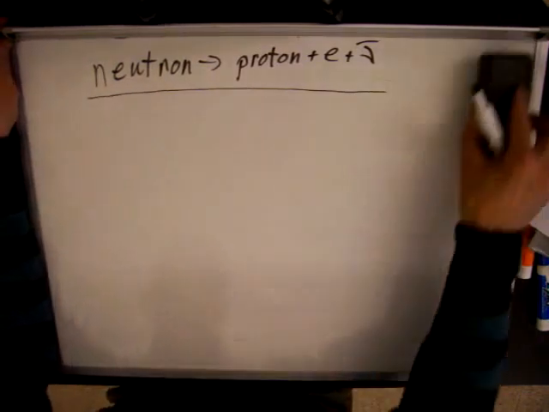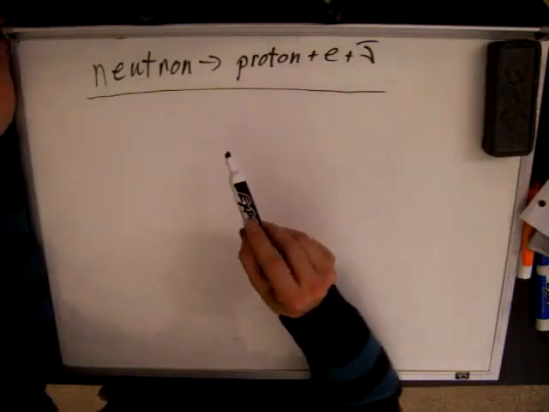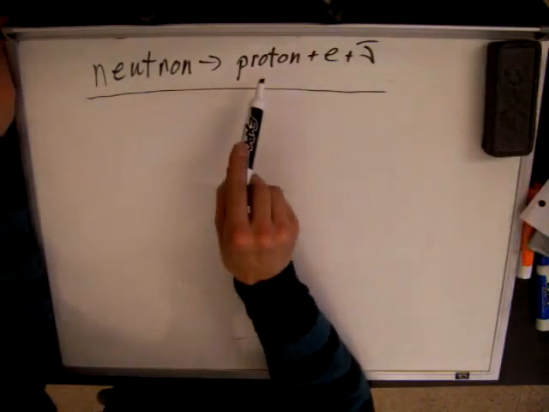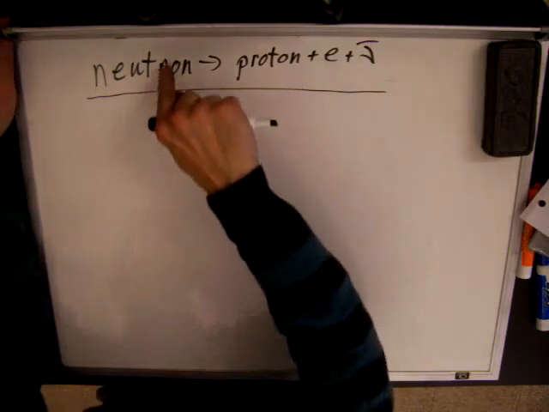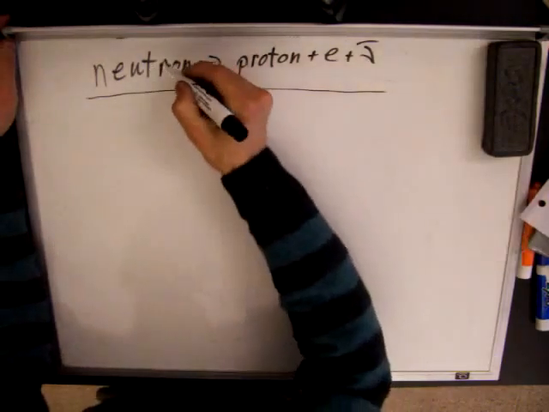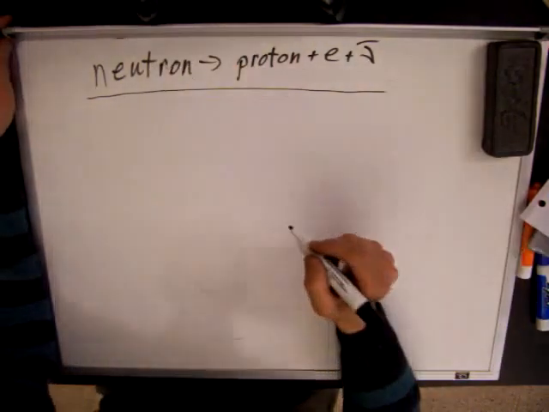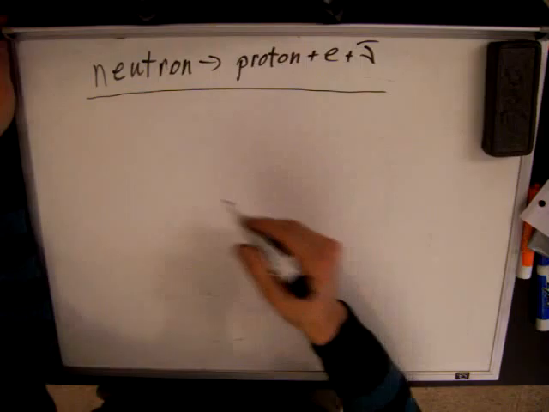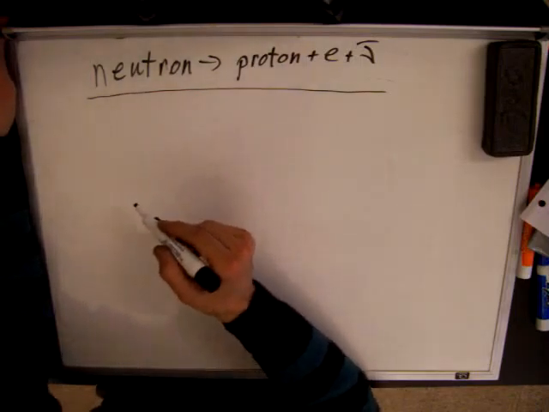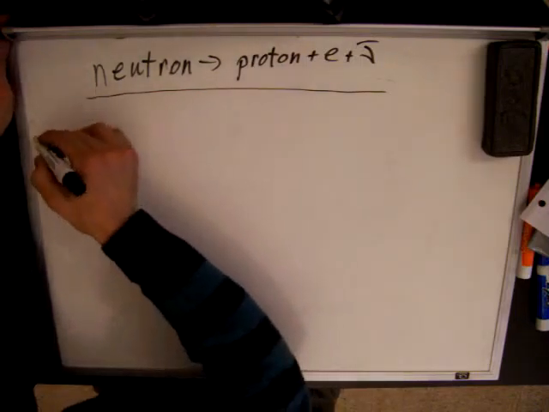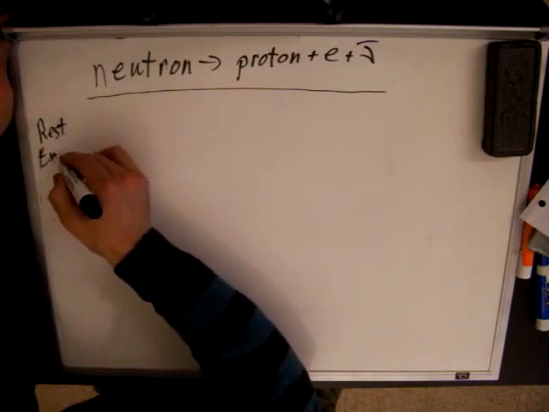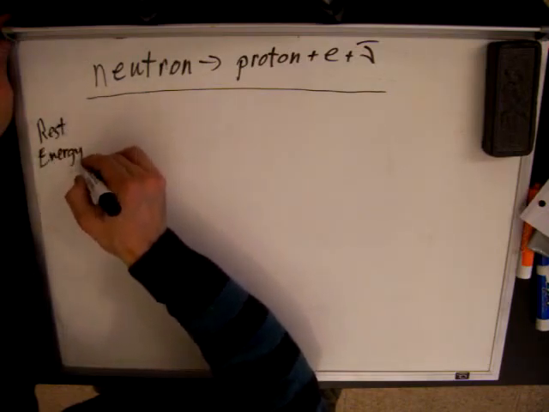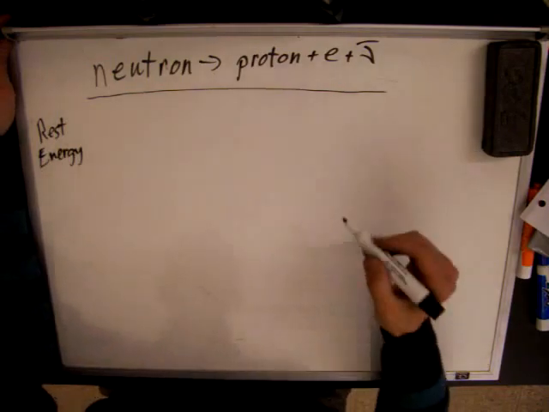So in order for this reaction to go, we'd like to see if the neutron has a higher nuclear energy than the products. And here's the way we do it. We write down the rest energy for all these particles.